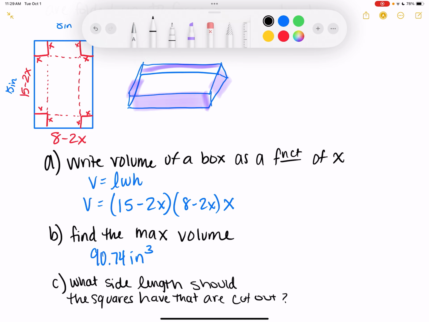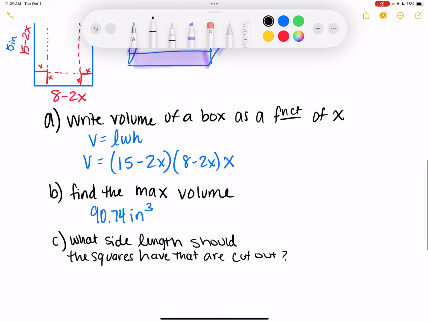Should the stat plots be on or off? They need to be off. Okay. So the side length that needs to be cut out is this x value. So we'll just round that to 2 decimal places also. So 1.67 inches is the side length that's being cut out to give us the max volume for our box. So y value is the volume, x value is what's being cut out.